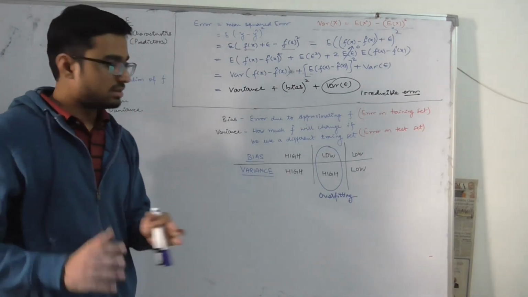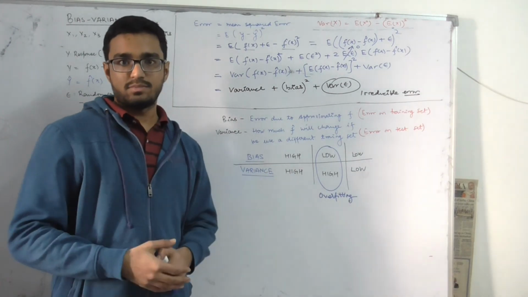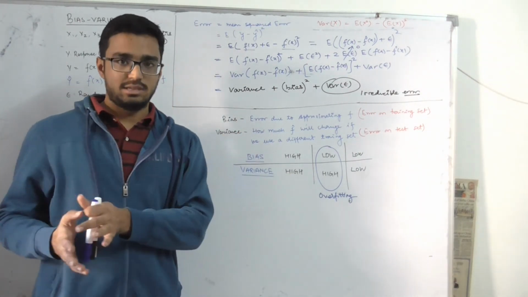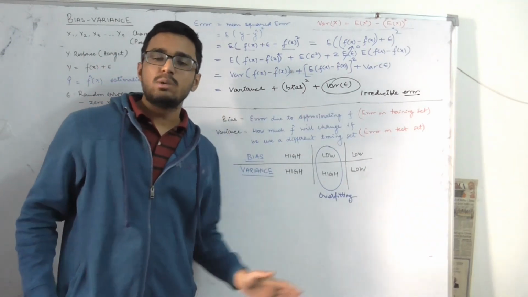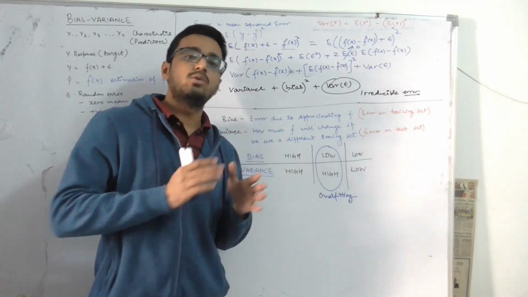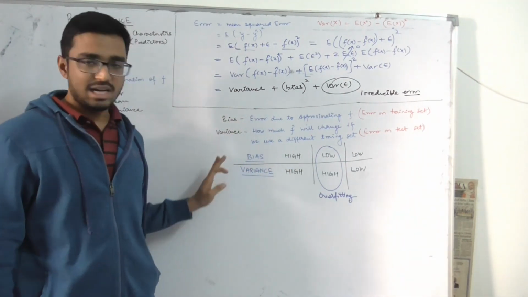Now we have a third case: low bias and low variance. That's what we want. We want our model to perform well on the training set as well as on the test set. So this was the whole picture of what bias and variance are, how they are incorporated into machine learning, and what we aim for with bias and variance.